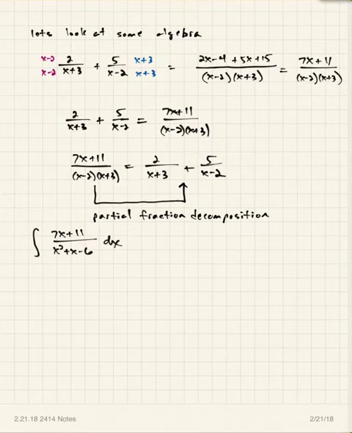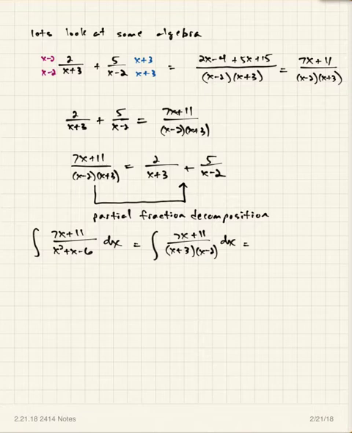But now if you think about this for a second, the denominator factors as x plus 3 times x minus 2. And notice that expression, 7x plus 11 over x plus 3 times x minus 2, is what we just decomposed. We kind of turned it around.